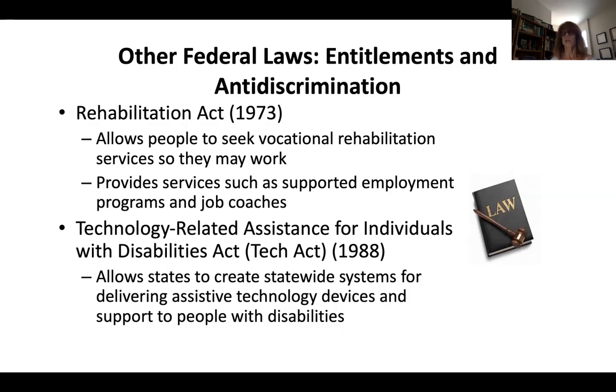And that has continued on when you see how the changes in individual education plans have been made to create vocational or transitional programs from adolescence into young adulthood. Technology-related assistance allowed states, and this is in 1988, to create systems to deliver, at the time, what was called assistive technology devices for those with disabilities.